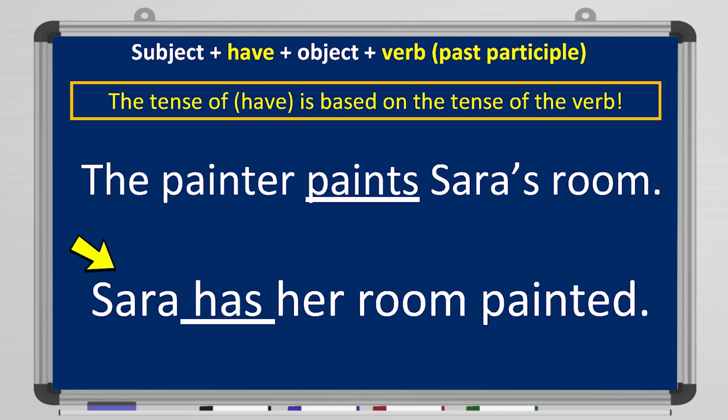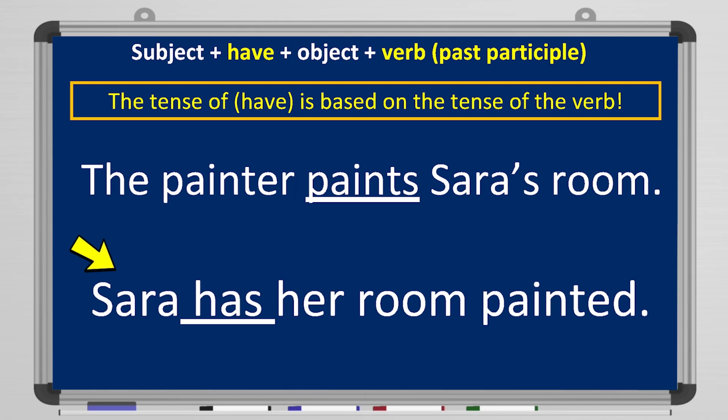I started with my subject, who is Sarah. I chose has because the verb in the original sentence is in the present tense. The painter paints. So I used has. And I used has, not have, because Sarah is singular. Sarah has her room painted. Notice that painted, the verb, is in the past participle.